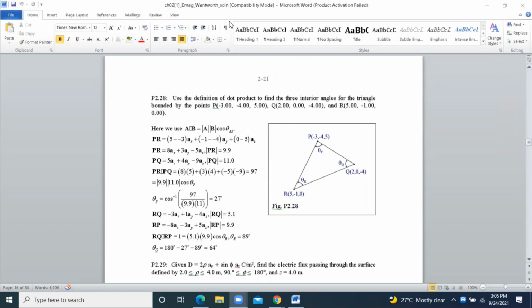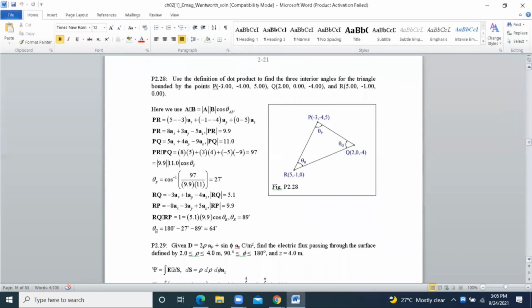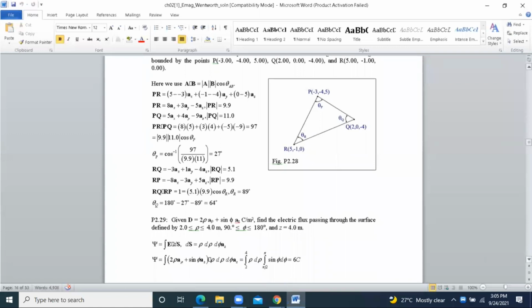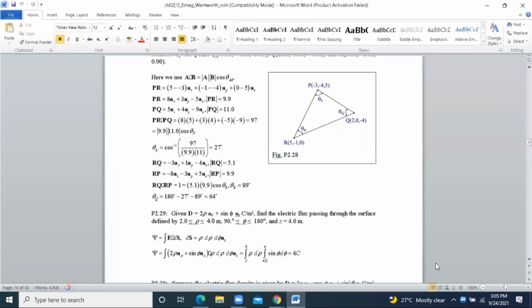So D times the integral between 2 and 4 of rho, the integral between pi by 2 to pi of d phi, the integral between 0 to 4 of dz. I used the 2 rho a rho plus sine phi a z.